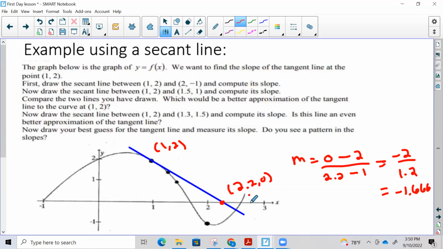So if I said instead this was like 2.10, or 2.3, I'm going to get a different slope. That would hopefully be more accurate. But because I estimated it, it's not 100% accurate. But it is showing us that if we pick points closer and closer, we get a better estimate to the tangent line.